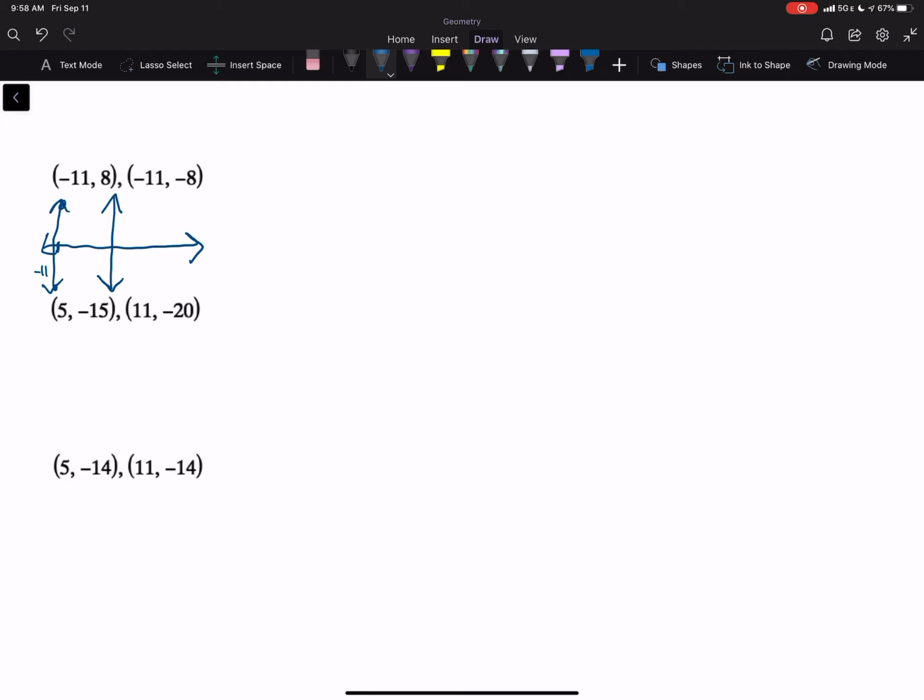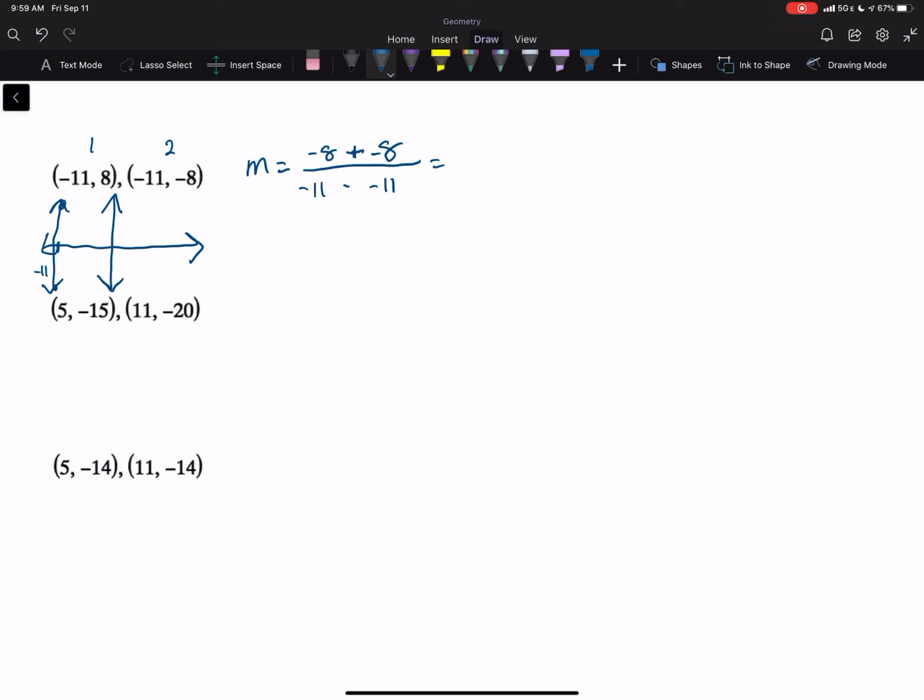All right, so m equals, and I'm going to put the y's on top. This one's the first one, this one's the second one. So negative 8 minus 8, positive 8. And then on the bottom, I'm going to do negative 11 minus negative 11. All right, so to do my math, if I go back to subtracting integers, negative 8 minus 8, subtracting a positive number is the same thing as adding a negative number.